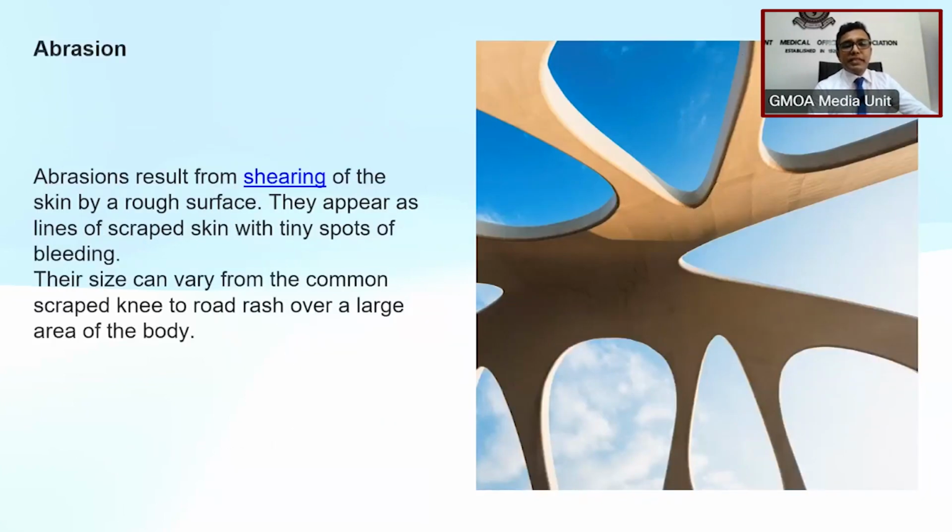An abrasion is basically a shearing of skin by a rough surface. You see different types of abrasions when you go into a room where there's a rough wall and you hit against that, and your skin might get peeled off. So this is a common abrasion. But when we have road traffic accidents and the patient just gets dragged on the road, those are actually friction burns.